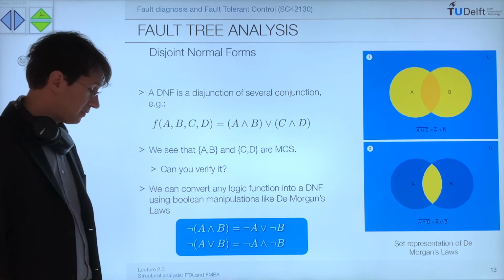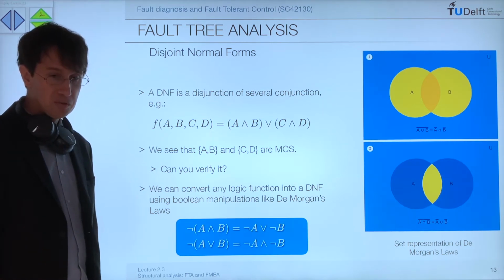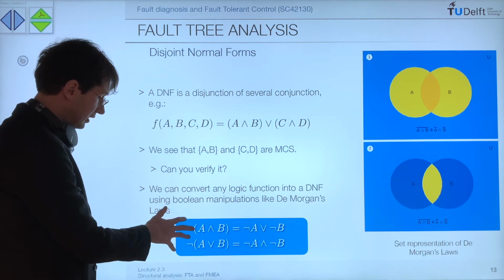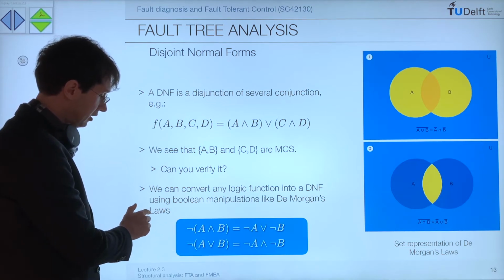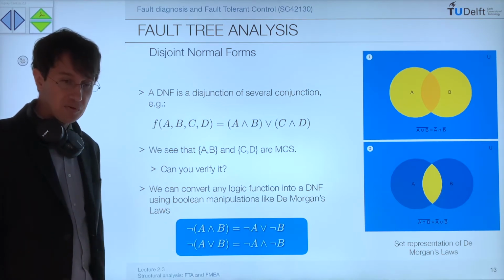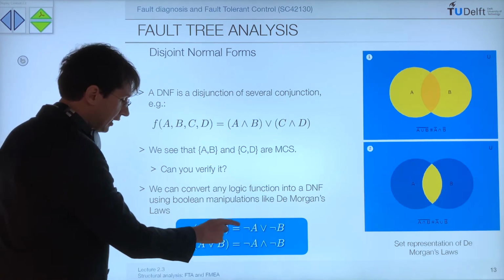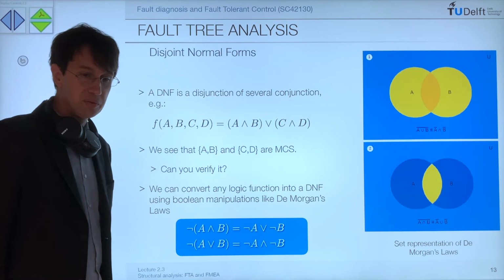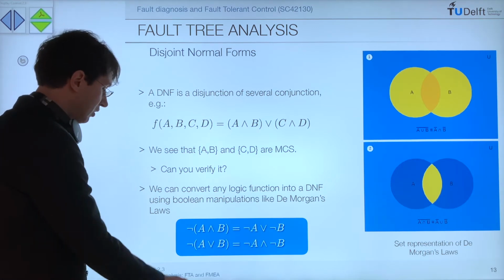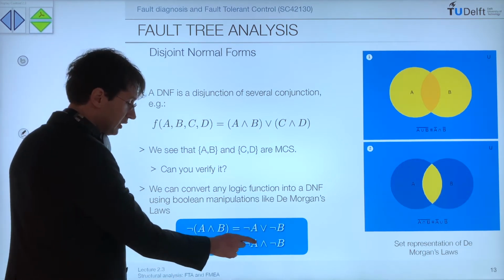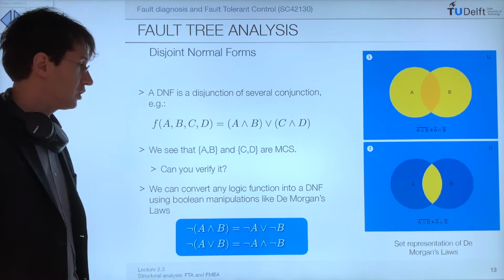And you use a couple of tools, theorems, that are called De Morgan's laws, and they allow you to take a conjunction and turn that into a disjunction, or take a disjunction and turn that into a conjunction.